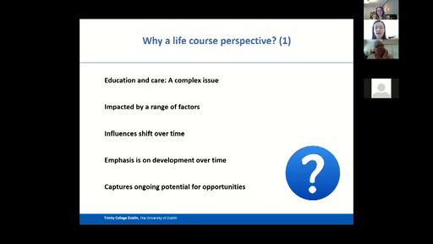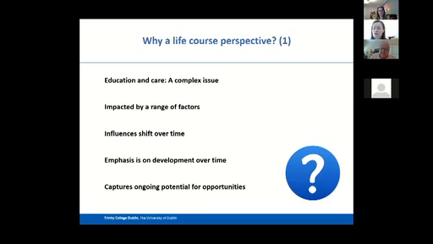Some of the reasons that I decided to apply a life course perspective to my study: it's probably worth mentioning that I didn't start out planning to use a life course perspective. It emerged, or I identified it as a very relevant framework, maybe a few months into the study. I think that's part of the process of figuring out your PhD in many ways.